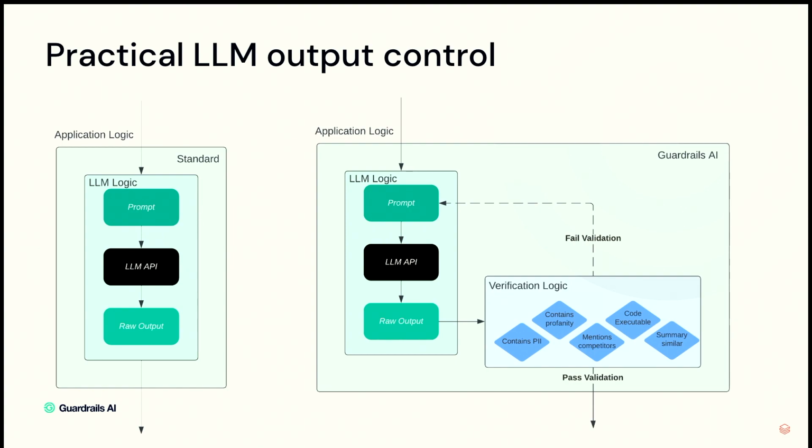So I have some examples here that give you an idea of what this may look like. You might want to make sure that any LLM output does not contain PII or private identifying information, does not contain profanity. If you are building a commercial application, you want to make sure that any LLM application does not mention competitors, where competitors are going to be specific to your organization.